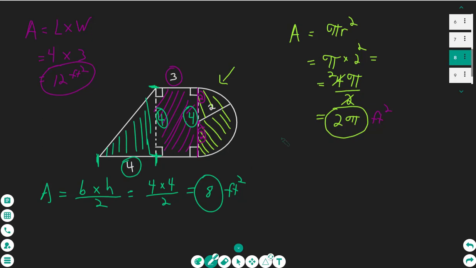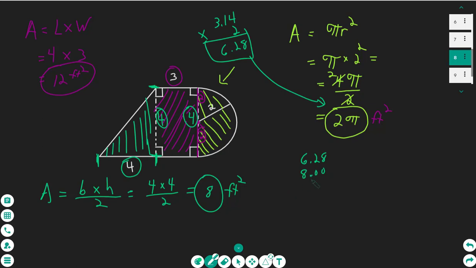So now we have all of our areas. We can just combine everything. So 2 pi, well, we can multiply that out. So 3.14 times 2 is going to be 6.28, right? If we do the multiplication here. So we have 6.28. That's the same as this guy. All right, so we have 6.28 plus our 8.